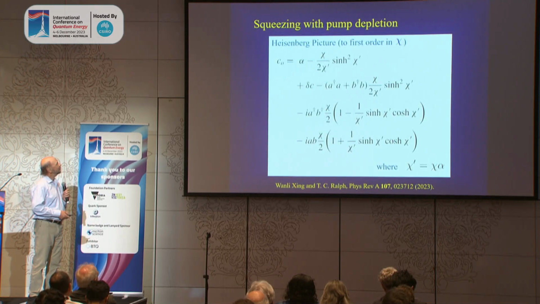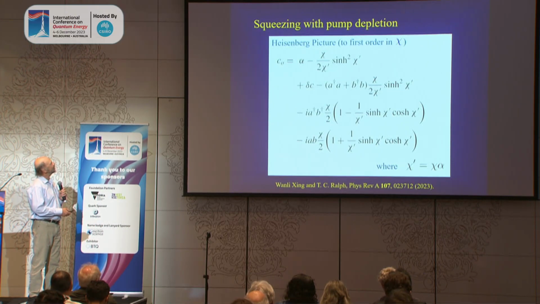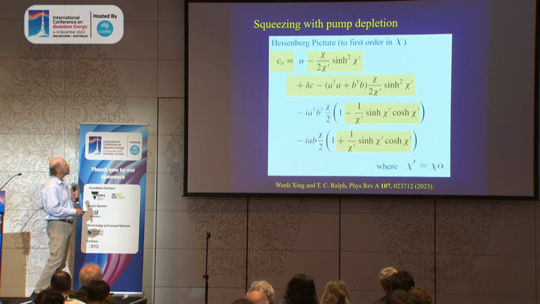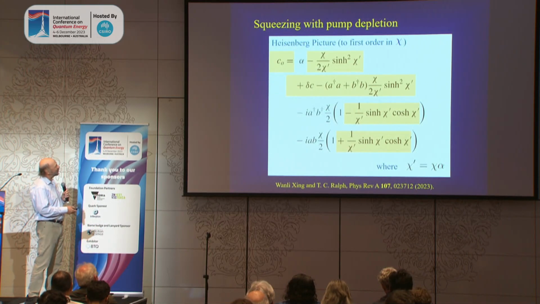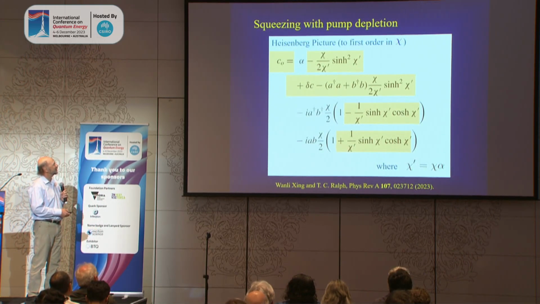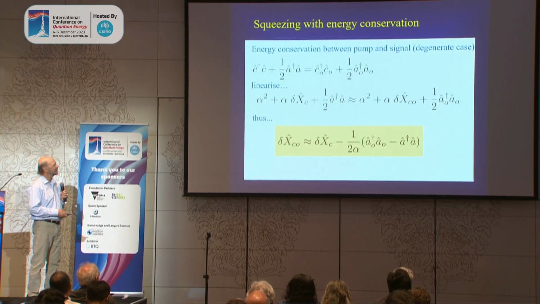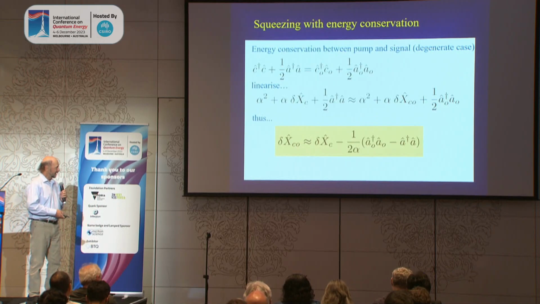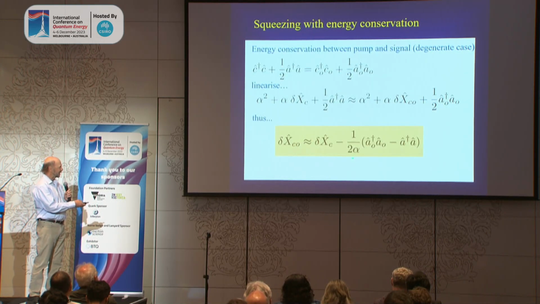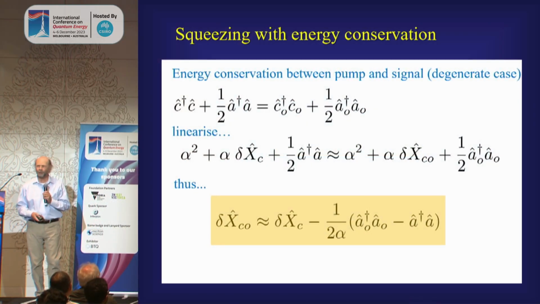If we go to the full equations that came out of this expansion, we are interested in these ones in yellow for the amplitude quadrature, and you'll just have to trust me that if you sort them all out and go to the degenerate case, they do in fact become these terms here. This is kind of interesting, but there's a little bit of an annoying thing. That's this alpha here, the pump amplitude.